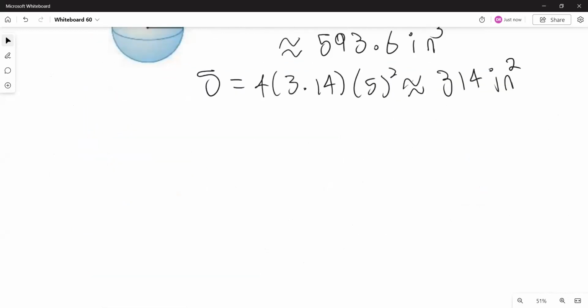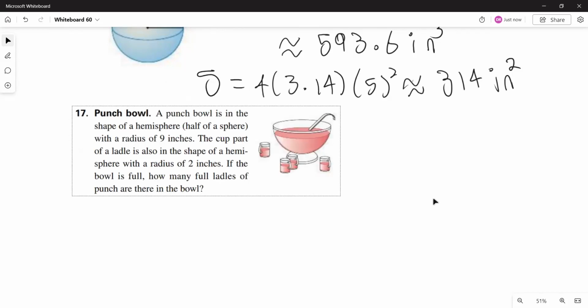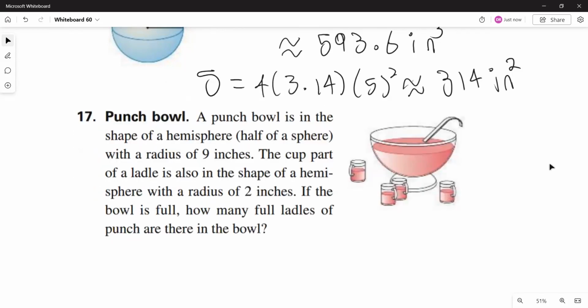And finally, I'll do an application. So that's number 17 on page 490.